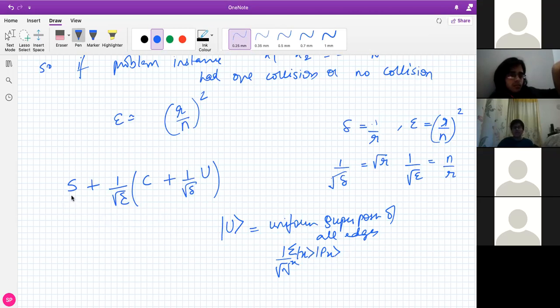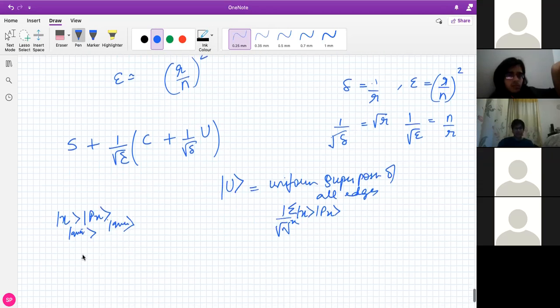So if I want to write my vector x and my vector p of x, for every x I want to explicitly write all the queries, and for this also I want to explicitly write all the queries. So that is going to cost me r plus 1 queries. So my setup cost is going to be this many queries.